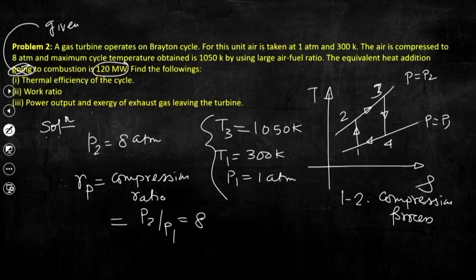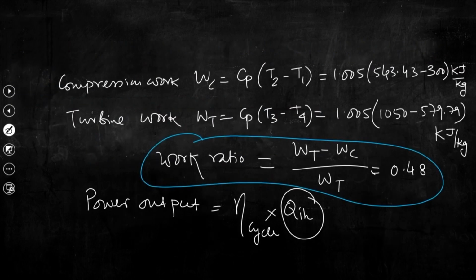The eta cycle is 0.44, so the power output would be 52.8 megawatt.